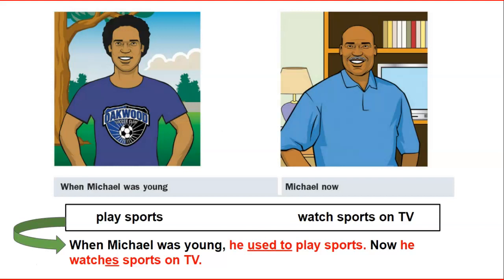In the simple present verb tense, he, she, and it, you have to add an S onto the main verb so that it agrees with the subject. So remember that when you create sentences. Now he watches sports on TV. Is everybody okay? Any questions?